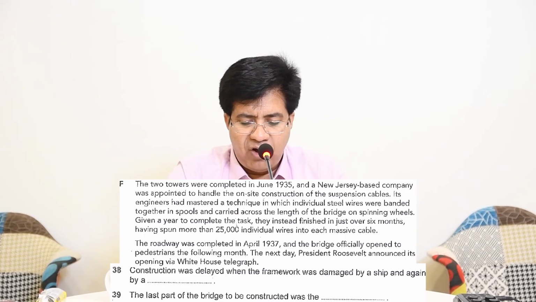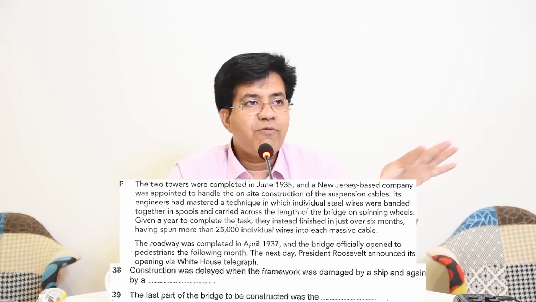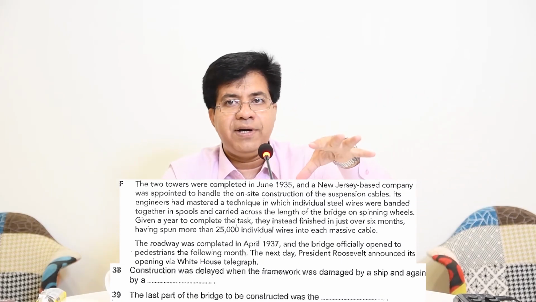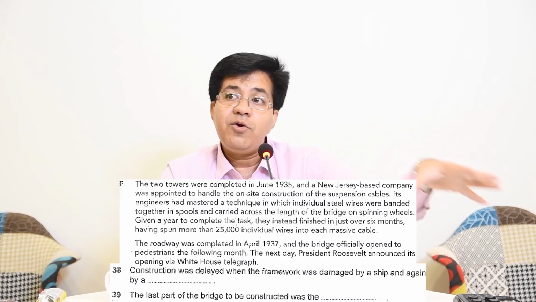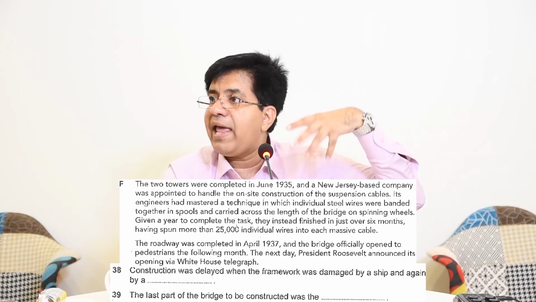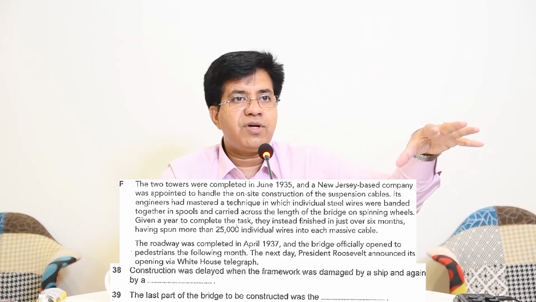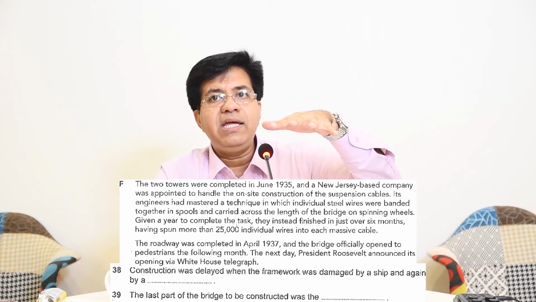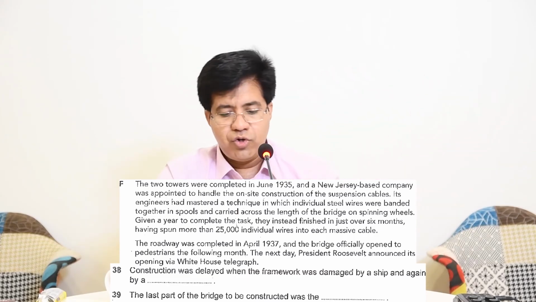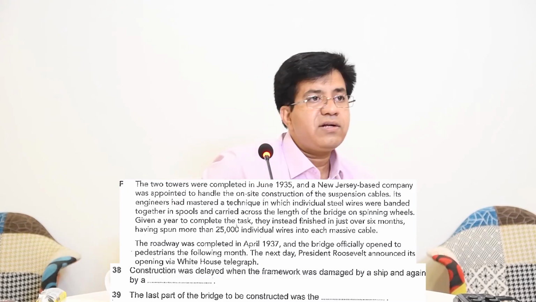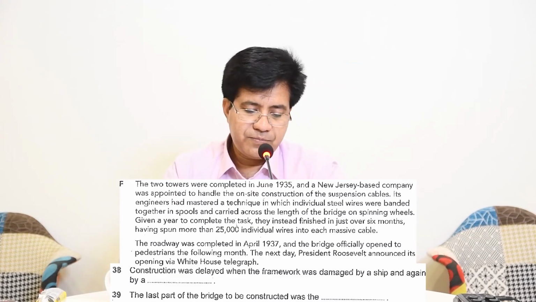The roadway was completed in April 1937 and the bridge officially opened. So roadway was constructed and the bridge opened. What was the last part? Roadway. Try to understand how they play. Right? Roadway was constructed and the bridge opened. It means the last part they made was the roadway. And you will write it together as one word, roadway.